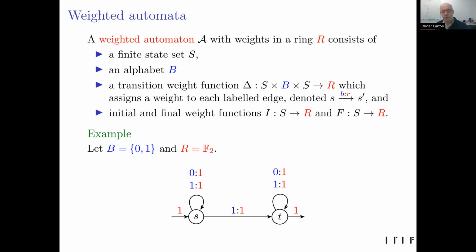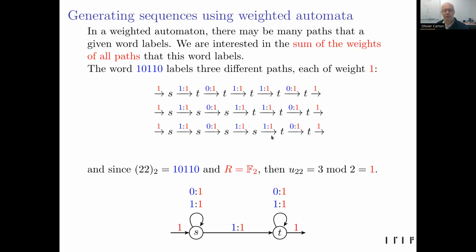And then this is how the machine works. We will see that on an example. The idea is that any run or any path in this automaton has a weight, which is the product of the initial weight of the first state, the weights of each transition used along the path, and then the final weight of the last state.